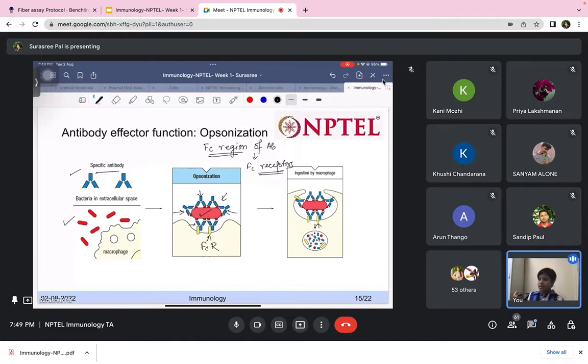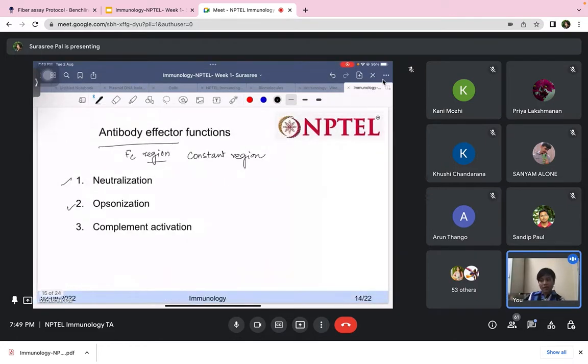There are two others, but neutralization. In case of neutralization, a similar thing happens: the antigen antibody complex forms, and then it is digested by the macrophages. And in case of complement activation, what happens? Complement are a special type of proteins in the immune system.